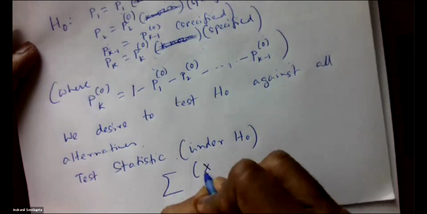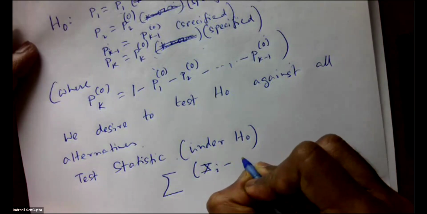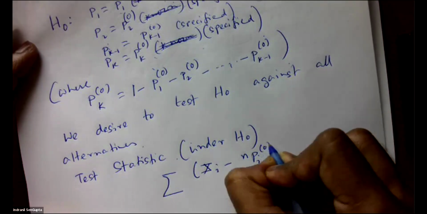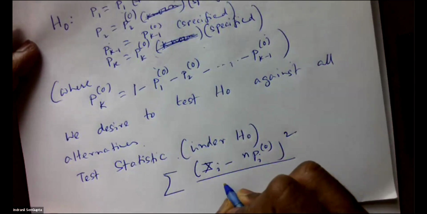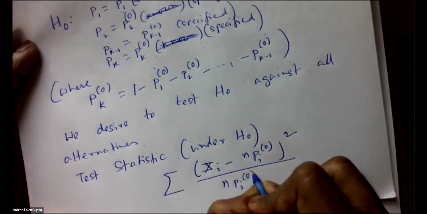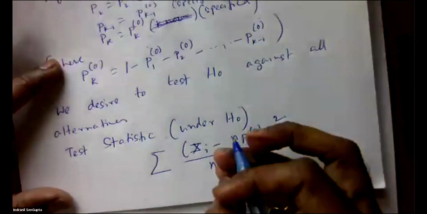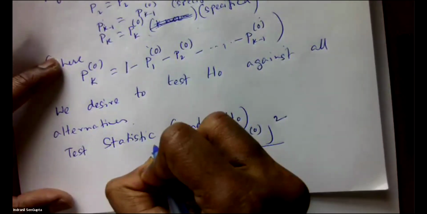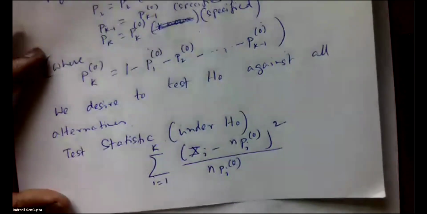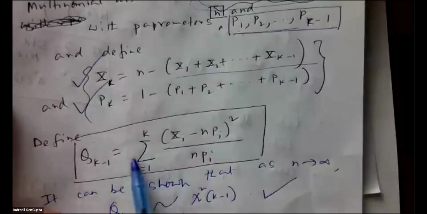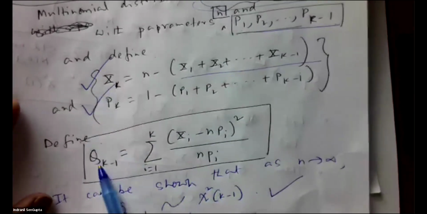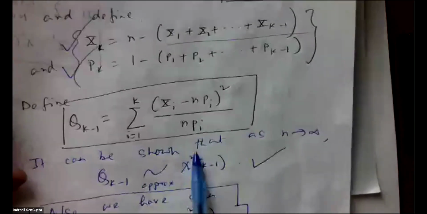So let me write xi minus npi0 squared over npi0, where i is running from 1 to k, which is very similar to what we wrote before. And you know that this is basically a chi-square distribution with k minus 1 degrees of freedom.